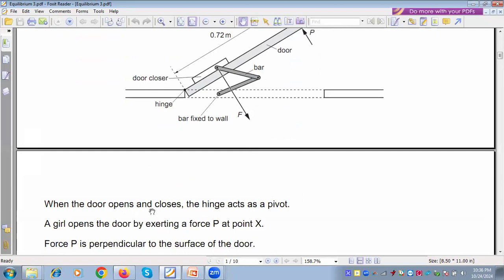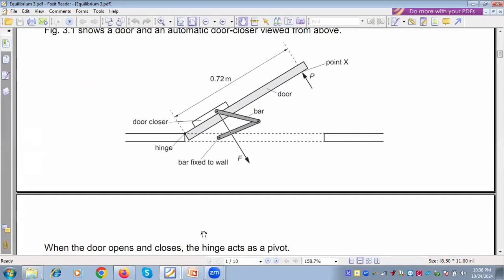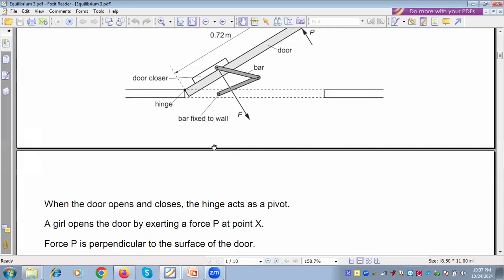When the door opens and closes, the hinge acts as a pivot. A girl opens the door by exerting force P at the point X. So this is the force applied by the girl at point X. The perpendicular distance between the point of application of force and the pivot, the hinge, is 0.72 meters.